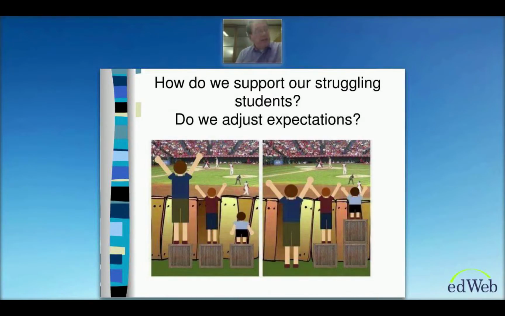And one of the things that's great about this particular metaphor is when we think about what it's saying, it's saying that scaffolds are a temporary thing. When a student needs a scaffold, just like this little guy on the right, he's not going to need that forever. It's something he's going to need until he gets bigger and can actually see over the wall himself. But it also reminds us that what we want to do is to get the student up to the same level as everybody else by providing them with the support that they need.